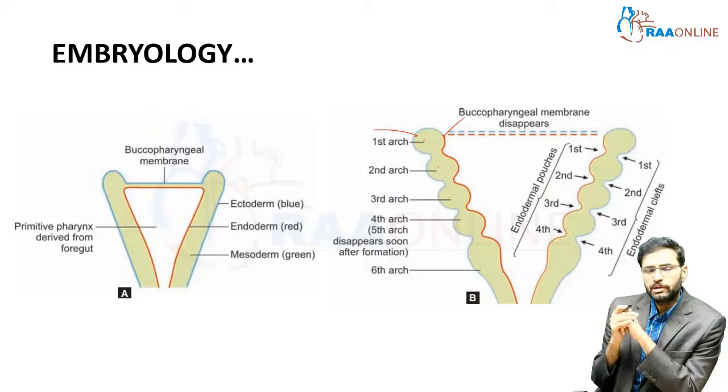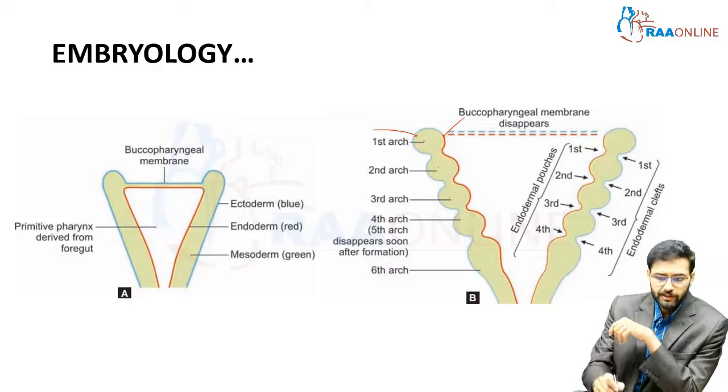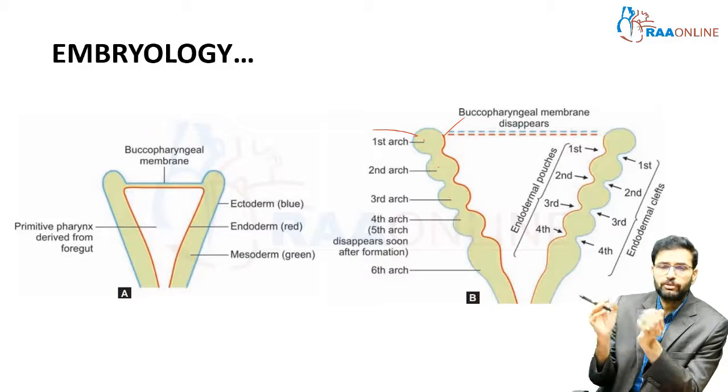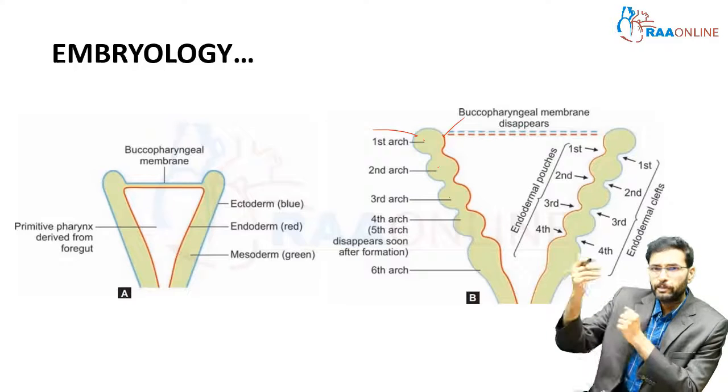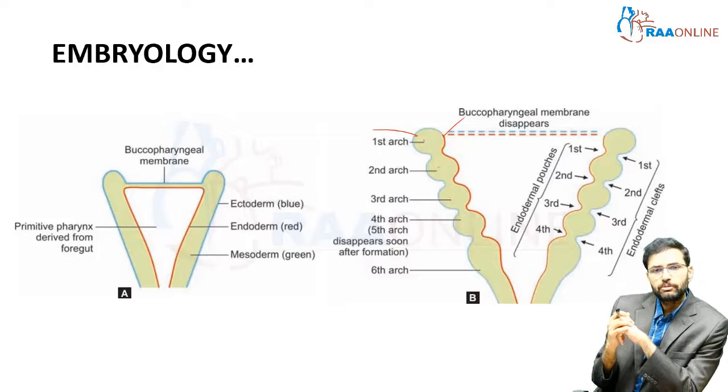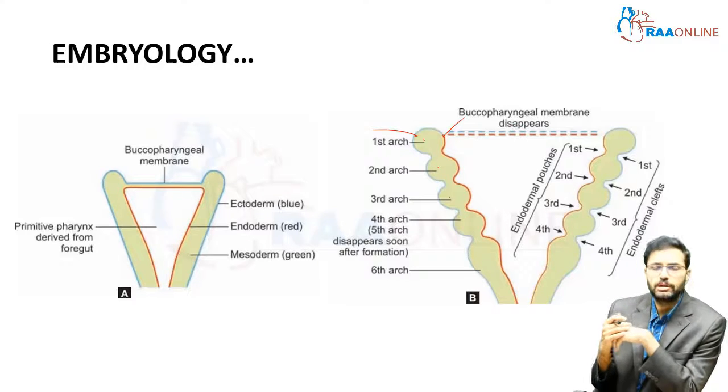This mesoderm orients itself within the developing pharynx as bars. The bar extends dorsoventrally and is present in a sequence craniocaudally. This bar is what forms a pharyngeal arch.